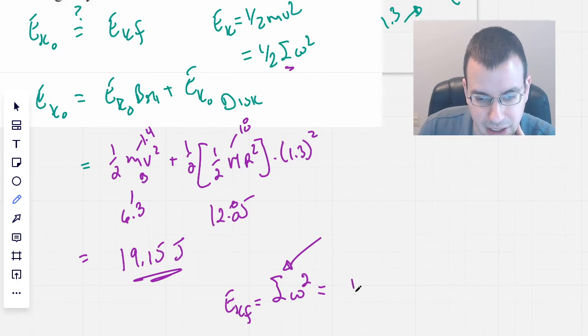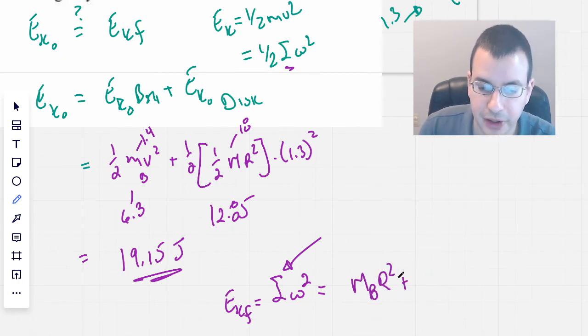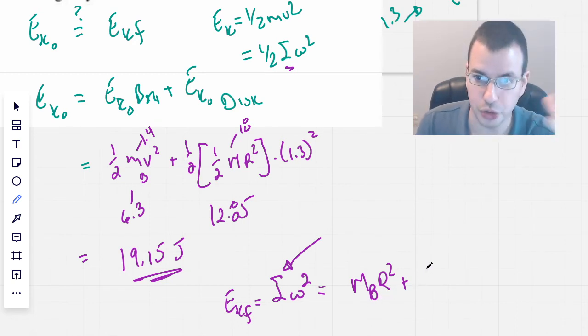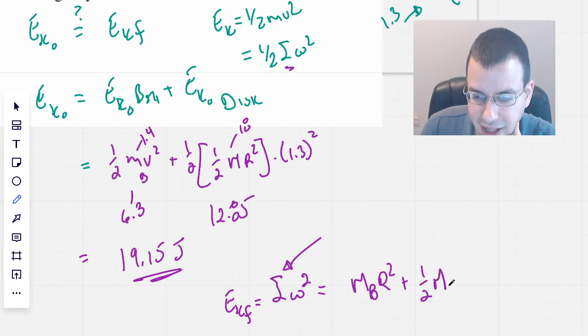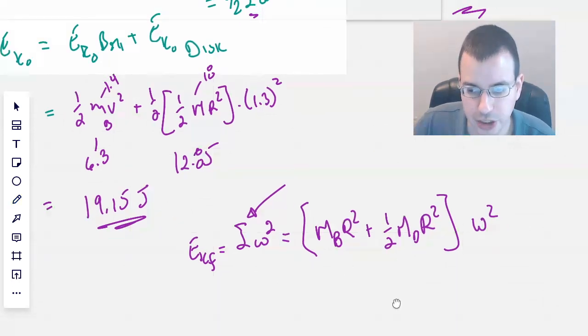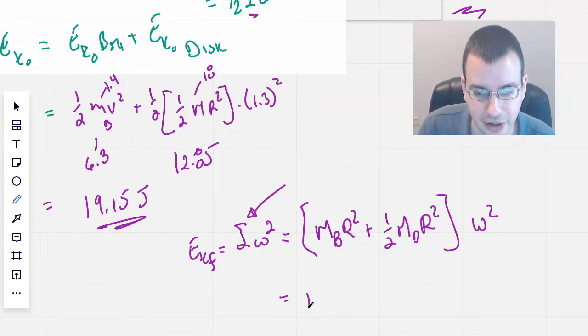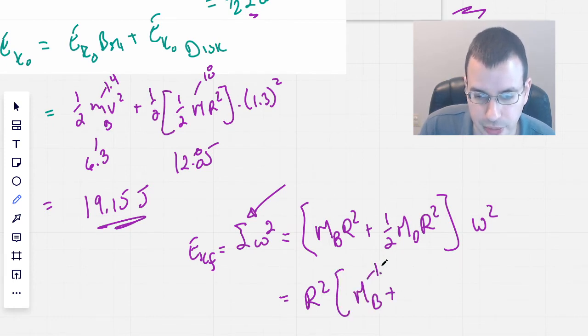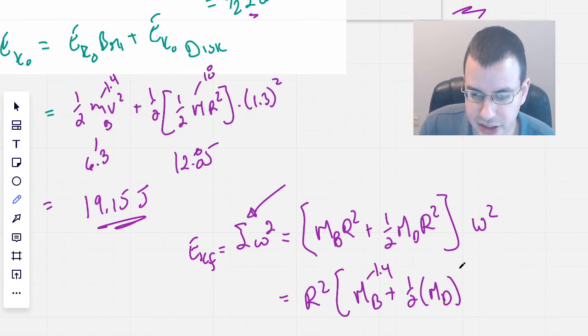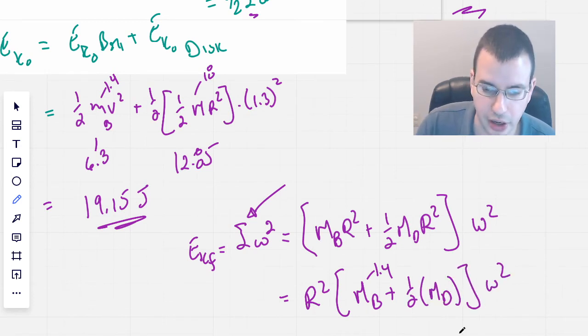And so that's going to be m ball r squared, because mr squared is for a point rotating, and then 1/2 m disk r squared for the disk, and then omega squared, which we can factor out. So r squared times m ball, which is 1.4, plus 1/2 m disk, times omega squared.